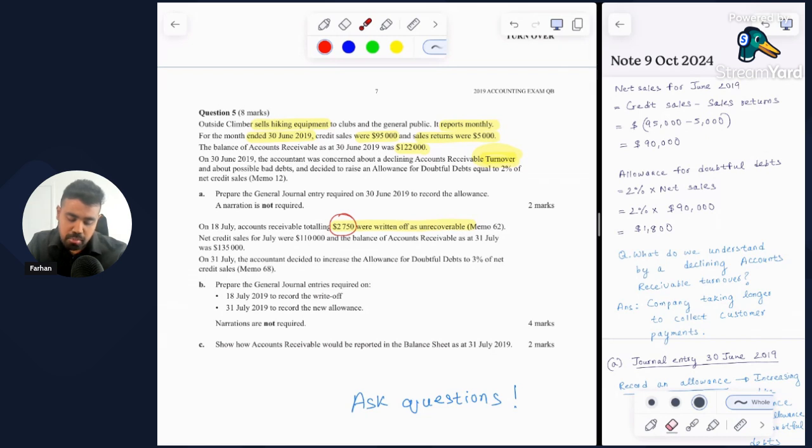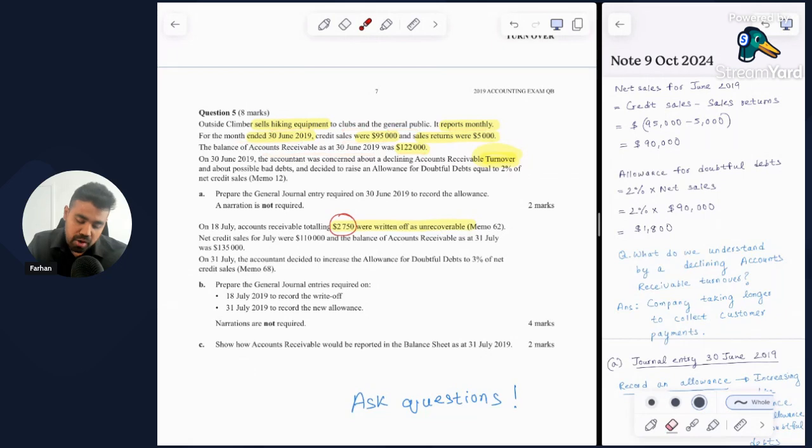So Outside Climber sells hiking equipment to clubs and the general public. It reports on a monthly basis. For the month ended 30 June 2019, credit sales were $95,000 and sales returns were $5,000. We are given the balance for accounts receivable at 30 June 2019, which is $122,000.